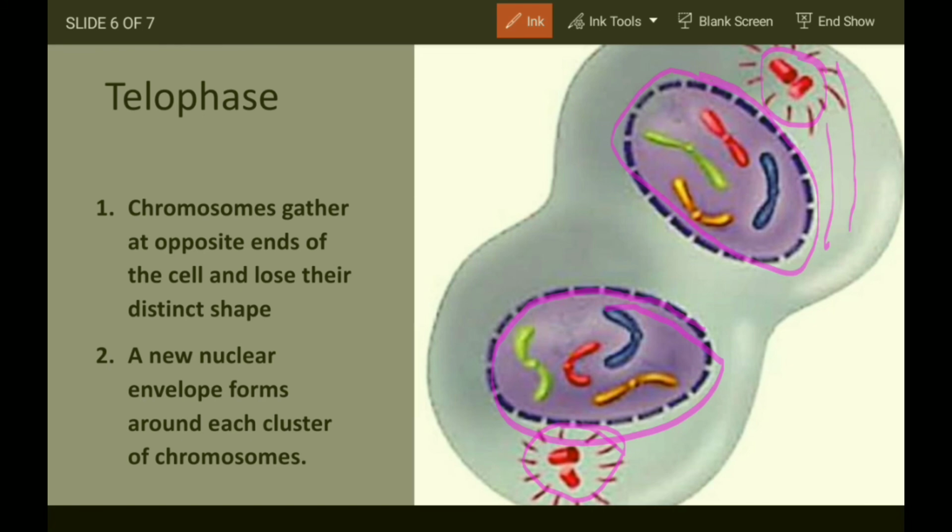In this case it's two also. So this will be divided by the process of cytokinesis. There are different types of cytokinesis that take place in plant cells and animal cells. Now the process is finished, so we come to the end of the video.